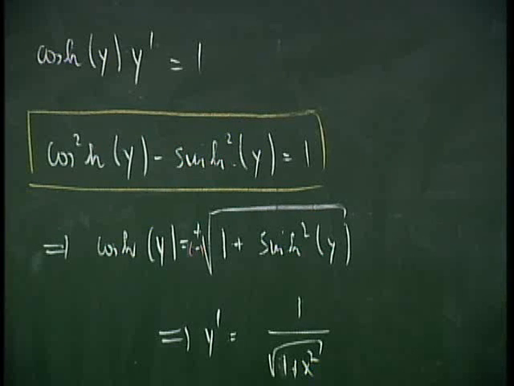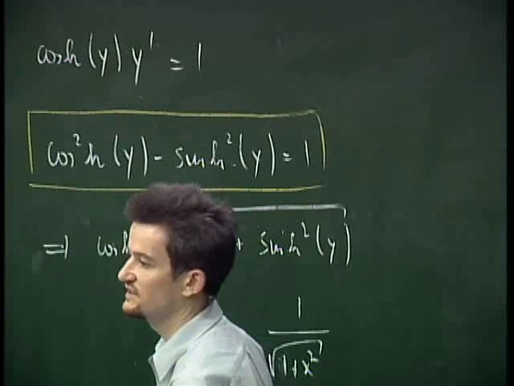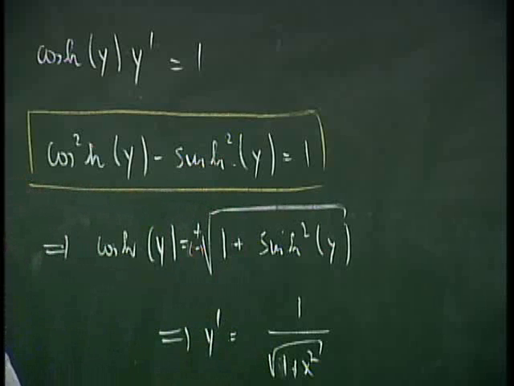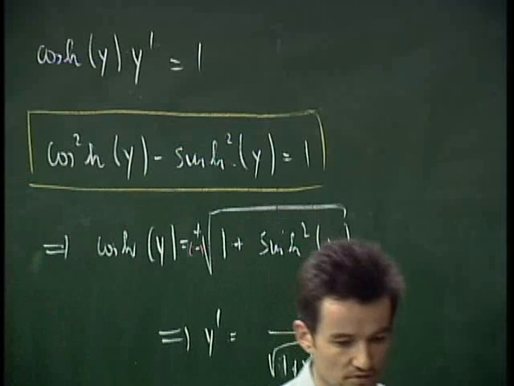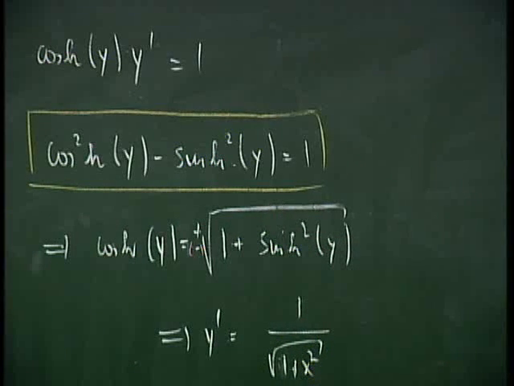So you have exactly the same formula as for trigonometric functions, and you can also prove similar formulas for the hyperbolic cosine of x plus y and so on and so forth. So you have many similarities, but there are still some small, tiny differences where you have to be careful.